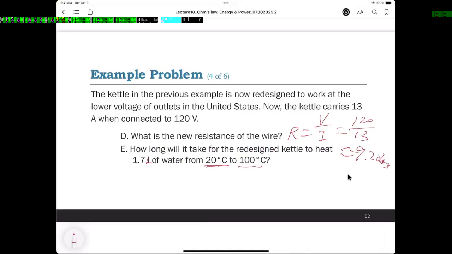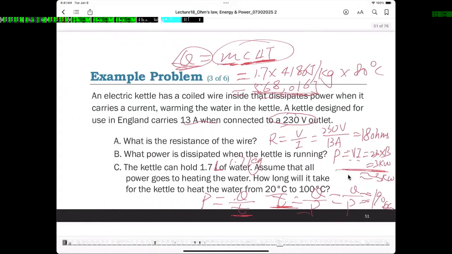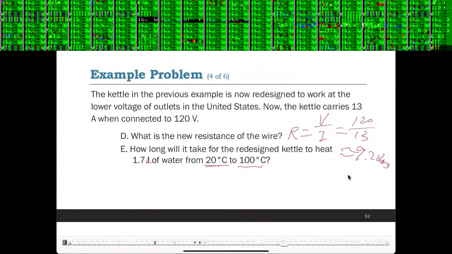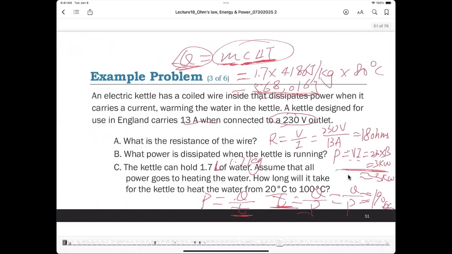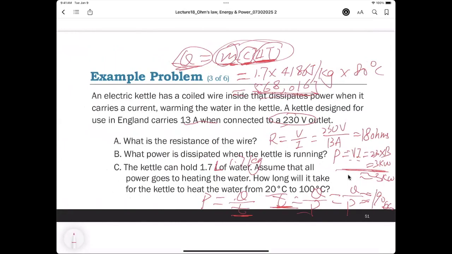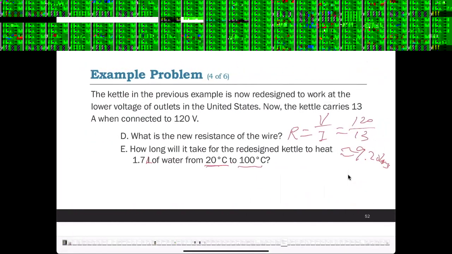Actually, this one is a similar question to the previous question. Here we can calculate the new power, and then the Q is the same thing, because the mass, the constant, and the temperature difference have not changed.